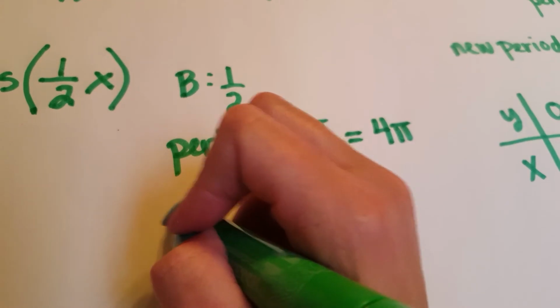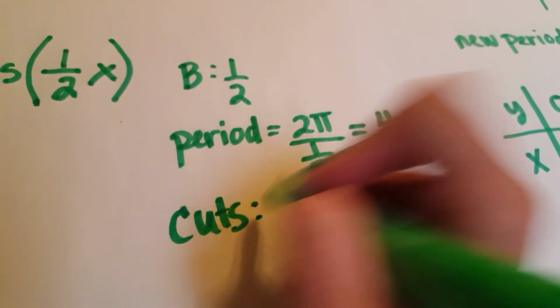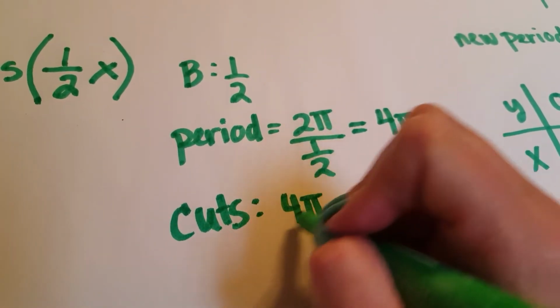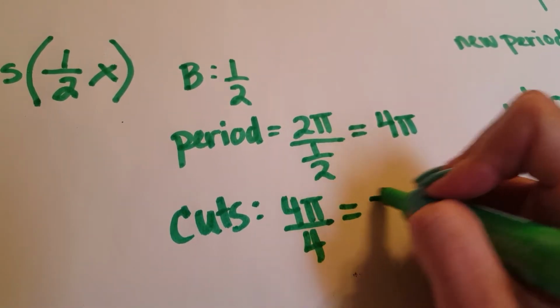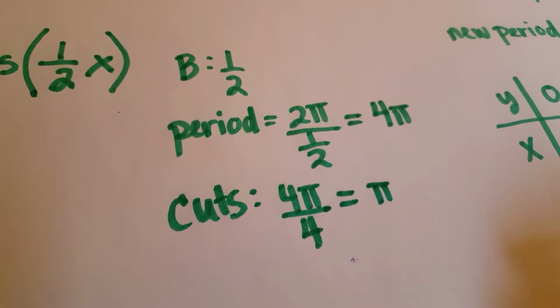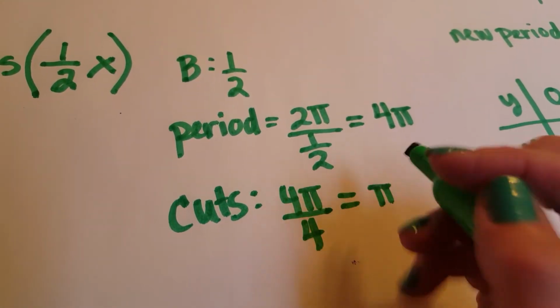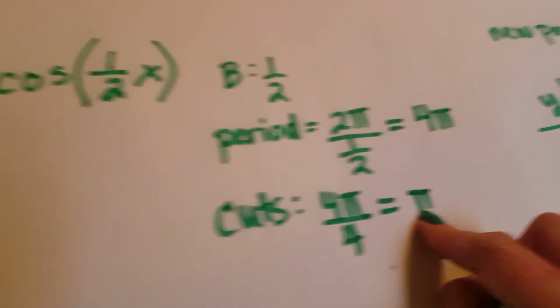To figure out the cuts, we take 4 pi and divide it by 4. You're always dividing it by 4 to figure out the cuts. And here I have pi. So in the last problem, we cut every pi fourths. Now I'm going to cut every pi.